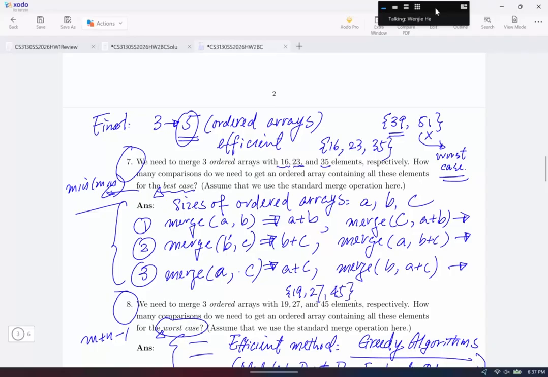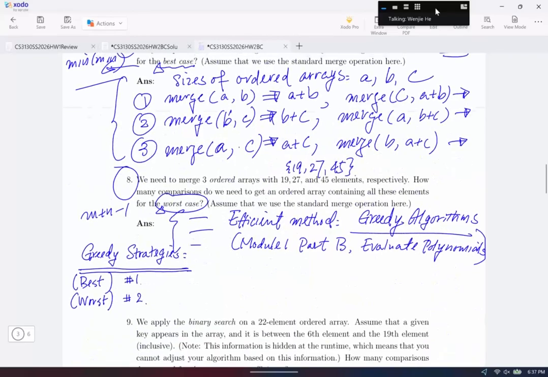That's your list. But in the final, when I give you 5 ordered arrays, your list contains 5 size numbers. So our greedy strategies are applied on the list of size numbers.